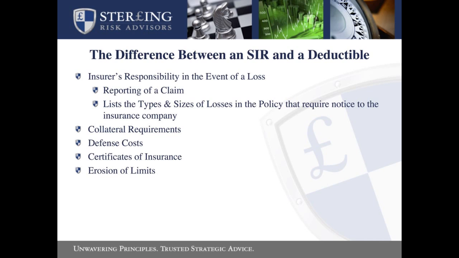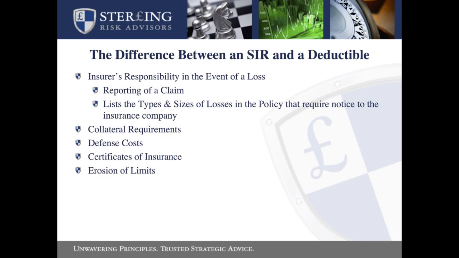There's a difference between a self-insured retention and a deductible. The insured's responsibility in the event of a loss is reporting a claim, and generally with a self-insured retention, the claims that have to be reported fall within certain criteria as outlined in the policy. Where under a deductible, you just report every claim.